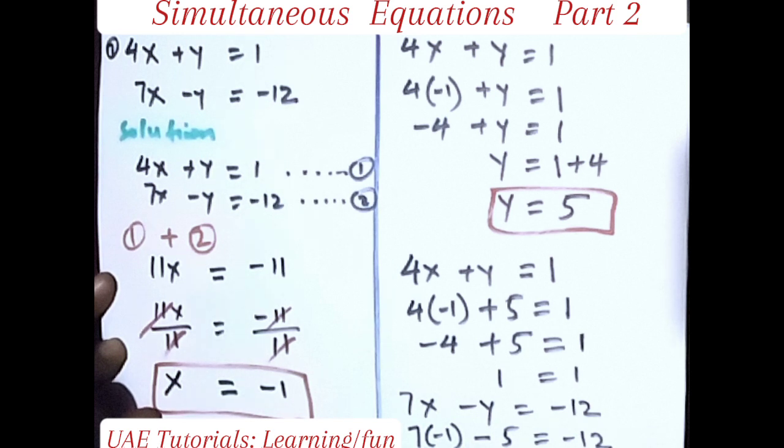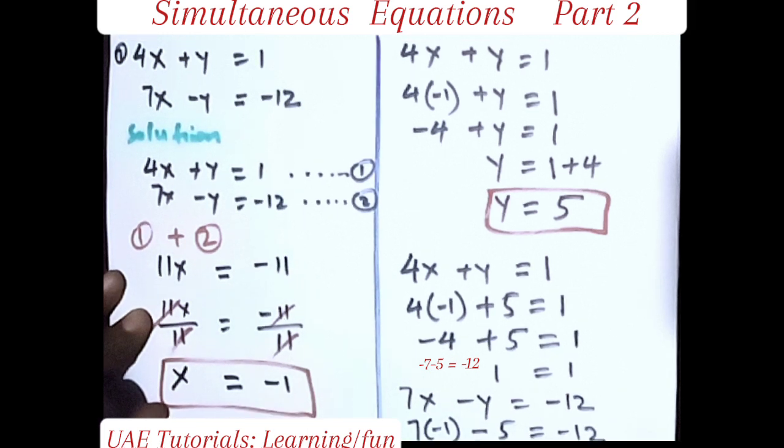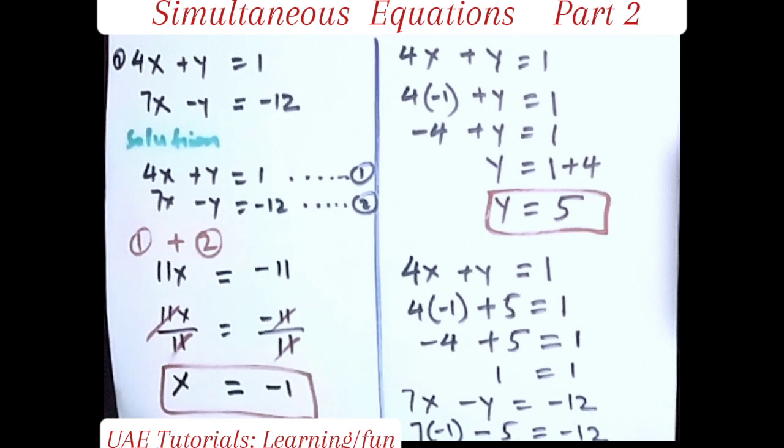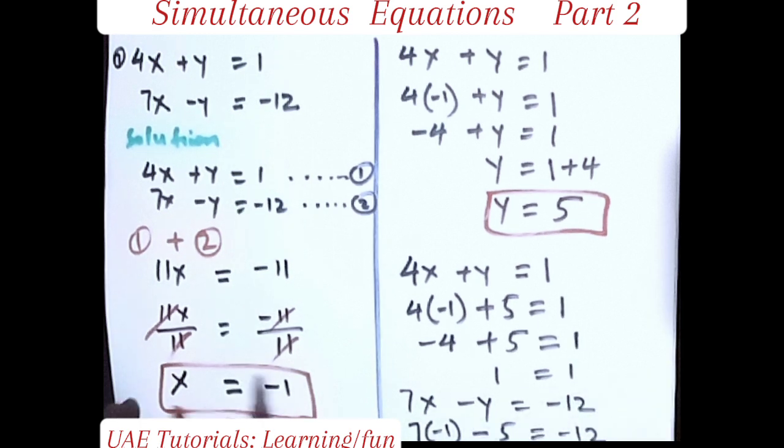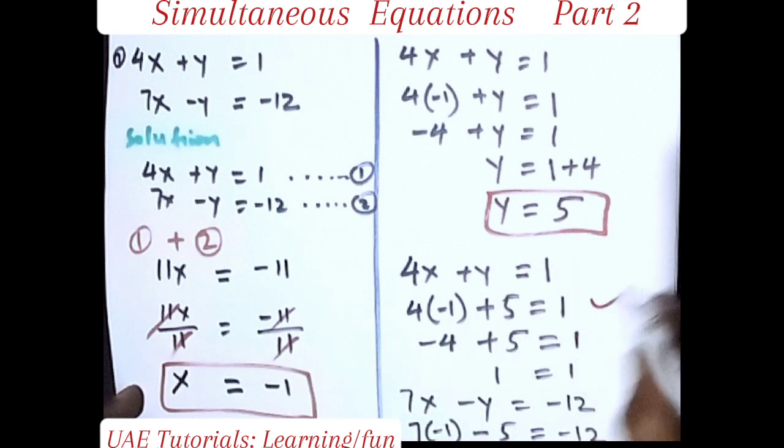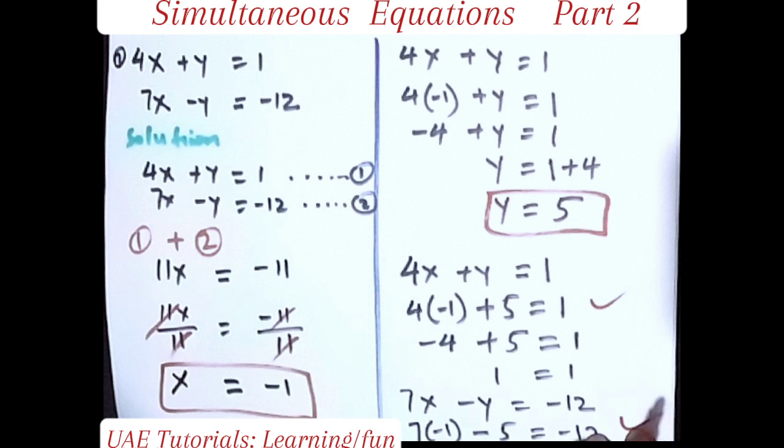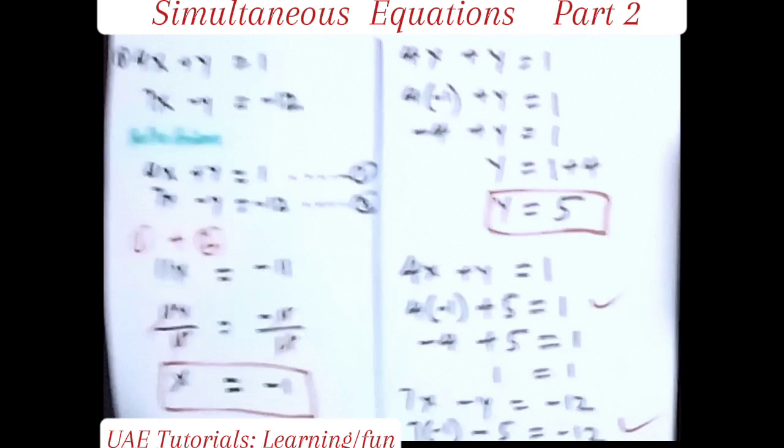So 7 times minus 1 is minus 7, minus 5. And minus 7 minus 5 is minus 12. So on the left-hand side is minus 12, on the right-hand side is minus 12. Hooray! Our answers are correct, because we have gotten the values x equals minus 1, y equals 5, that satisfy the two original equations. It's as simple as ABC.